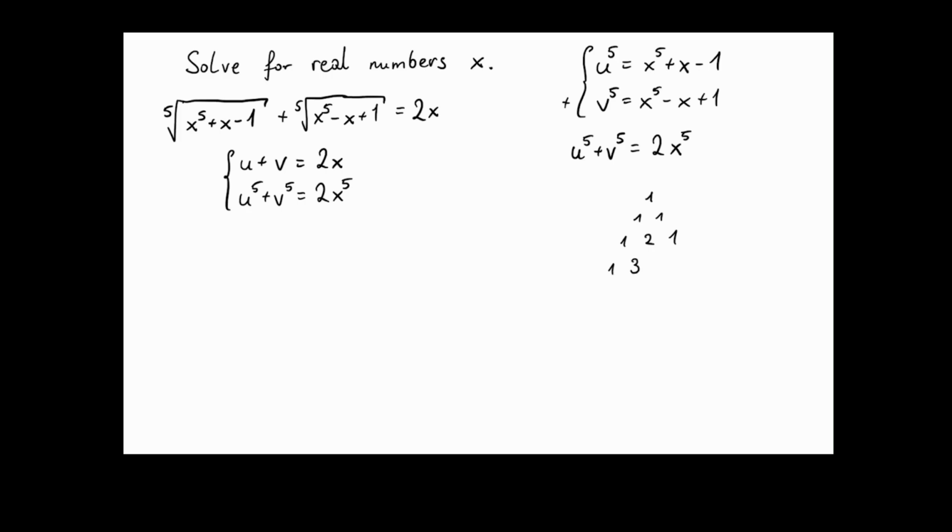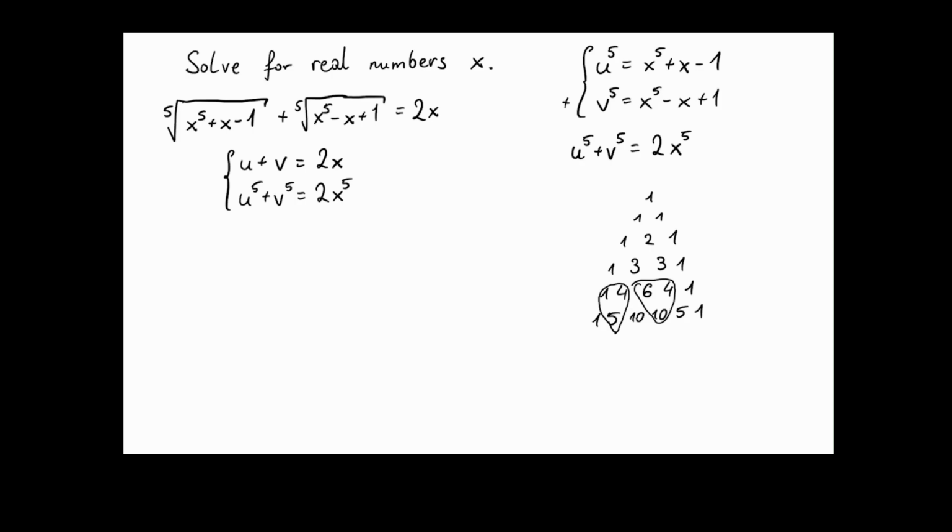What should we do next? One, 5, 10, 10, 5, 1. So basically the sum of two immediate upper numbers, like this, for example, or like that. What is it used for?